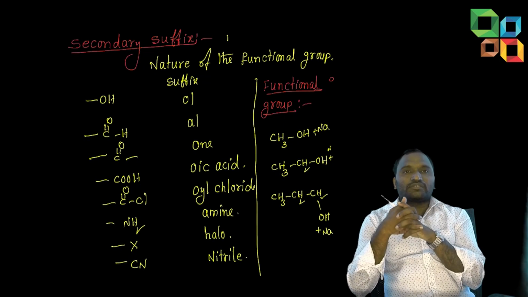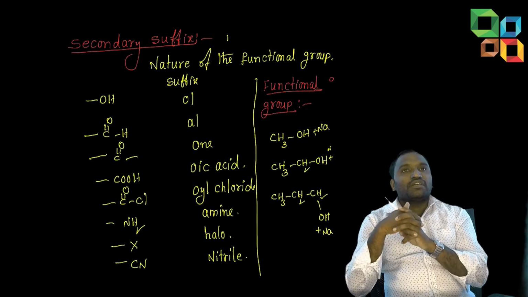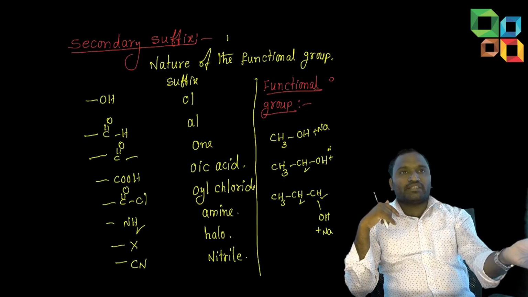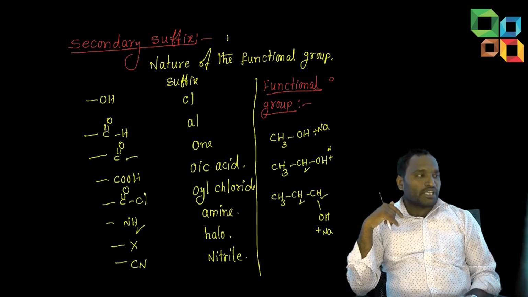Shravan, got it? No, sir. I asked if that OH is there in any other chemical compound, and there also it decides its chemical property, can it be called a functional group? You are asking if we keep the OH group on something other than a hydrocarbon. Can you give one example?